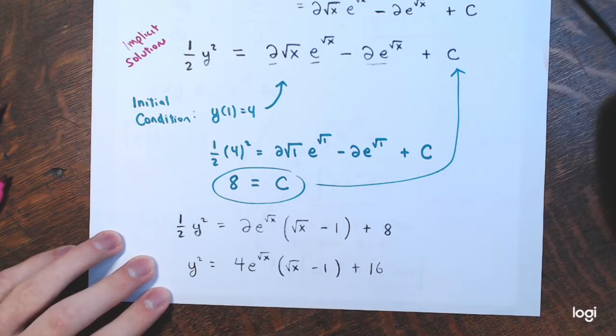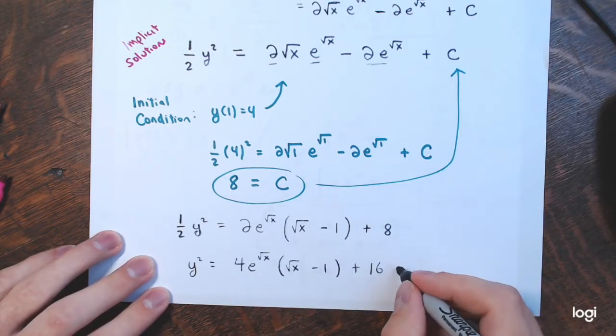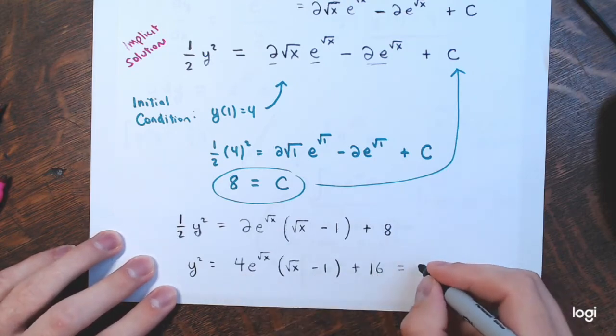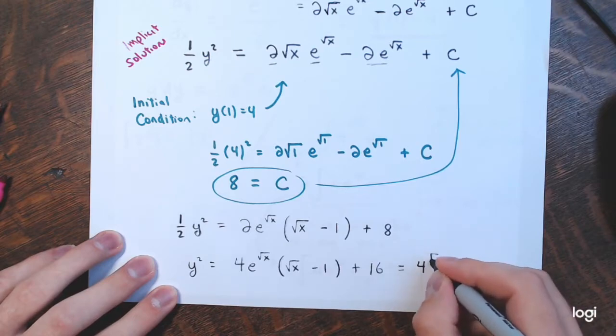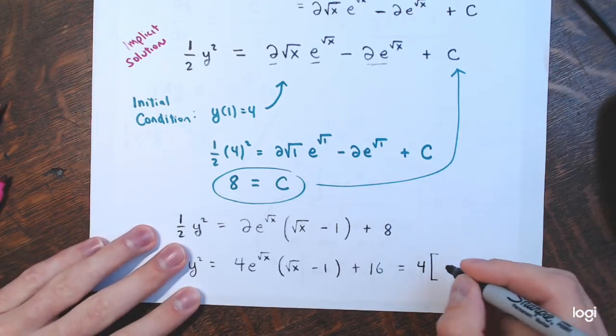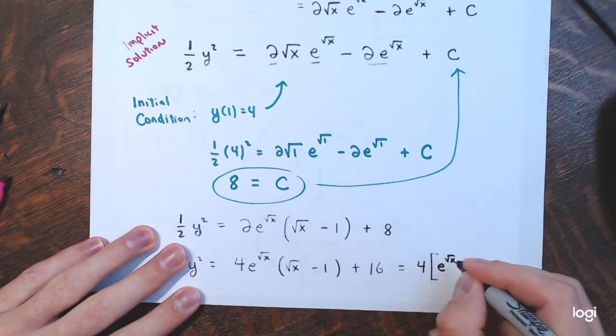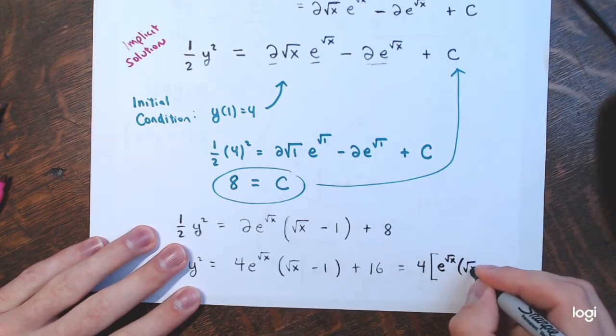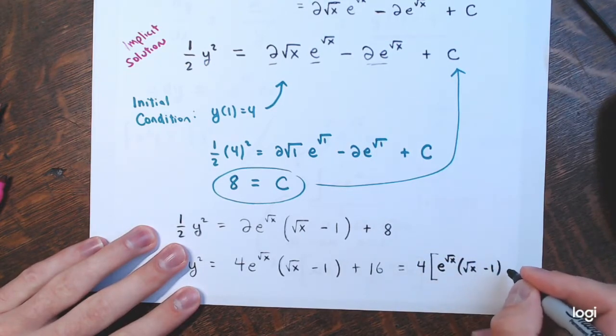And then something else I'm noticing here is that both of these have a common factor of 4. I'll pull that out. We have 4 times the quantity e to the square root of x times the square root of x minus 1, and then plus 4.